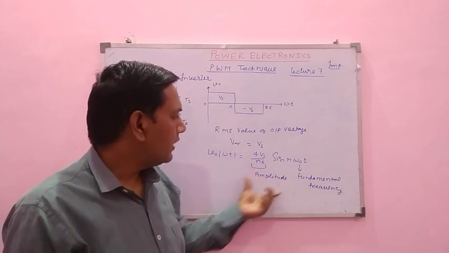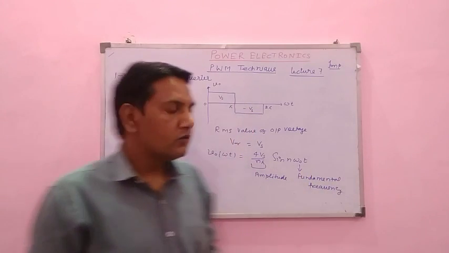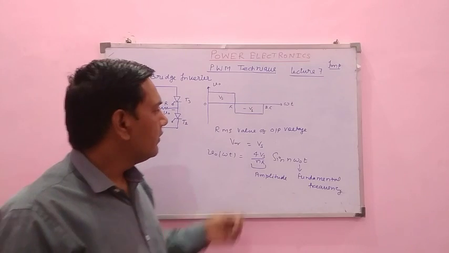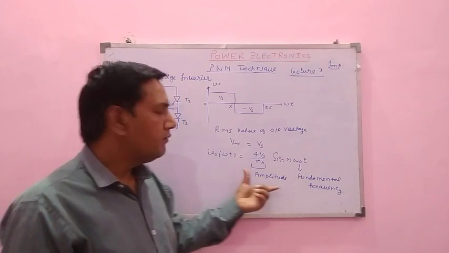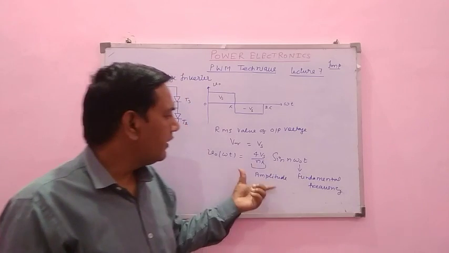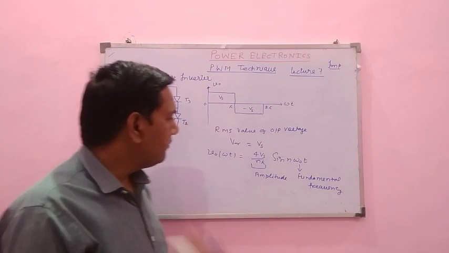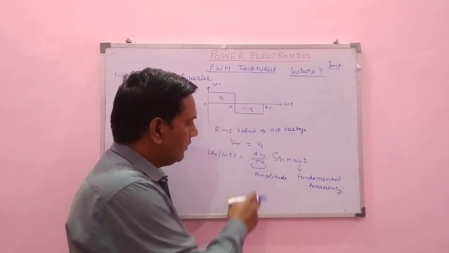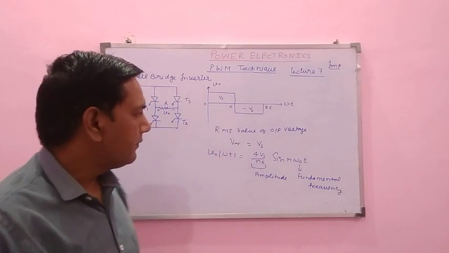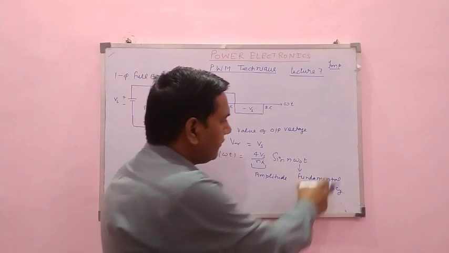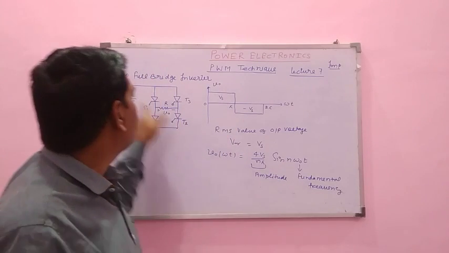Either we can control the amplitude or we can control the fundamental frequency. In most cases we require variable amplitude, because if we have to control the speed of an AC motor, then the amplitude of the voltage should vary. But the fundamental frequency we can vary by changing the switching frequency of these switches.